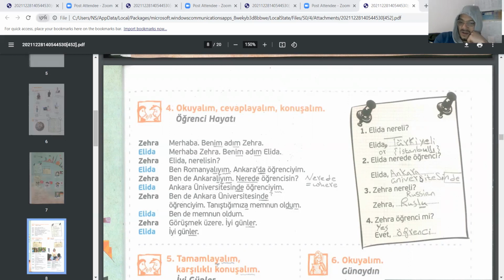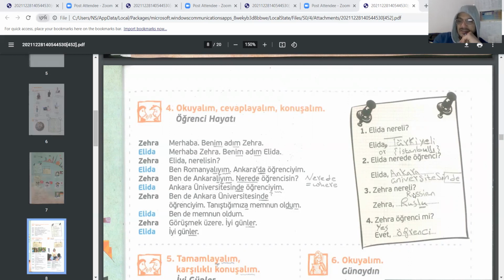Ali de Ankara Üniversitesi'nde, like I said before, de means in the university. Here I put this N to prevent the D and I from being near each other.